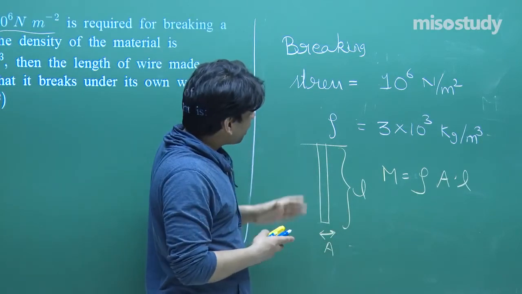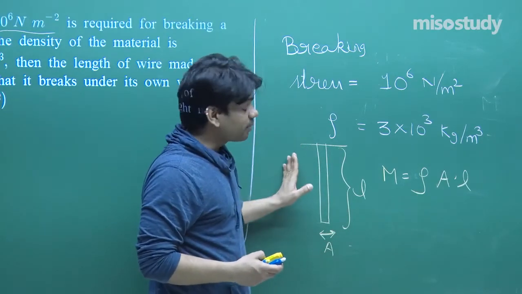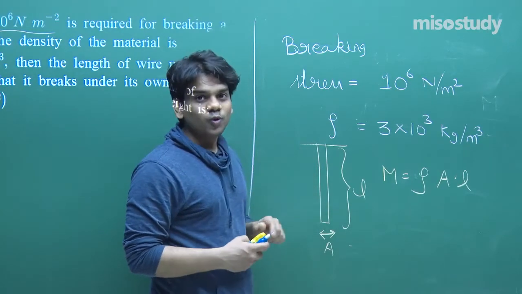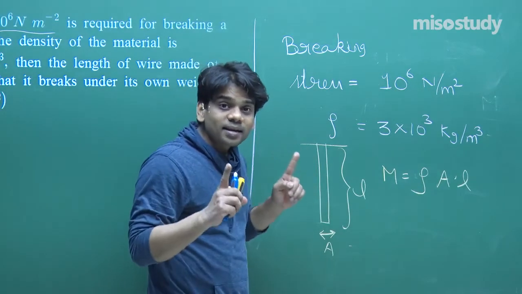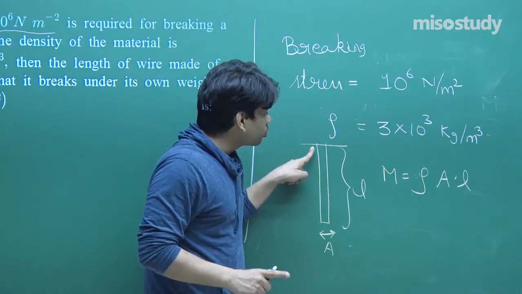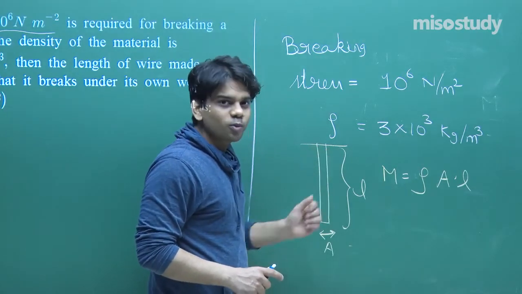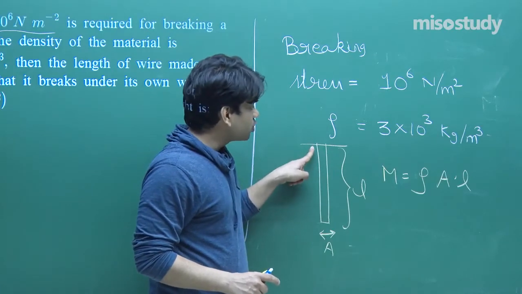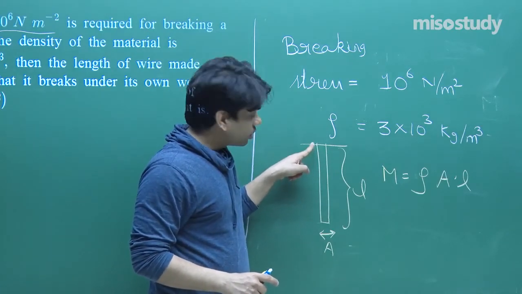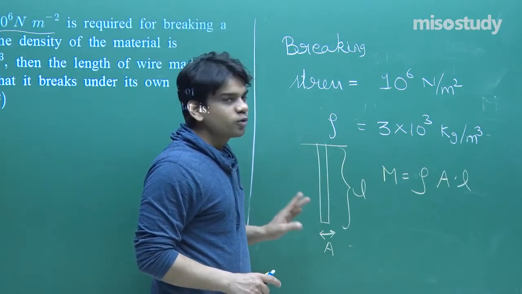Now we have to think about it breaking under its own weight. The maximum stress would be acting at the topmost point because the entire weight would be pulling the topmost point. So that's why I have taken the full length of the wire.